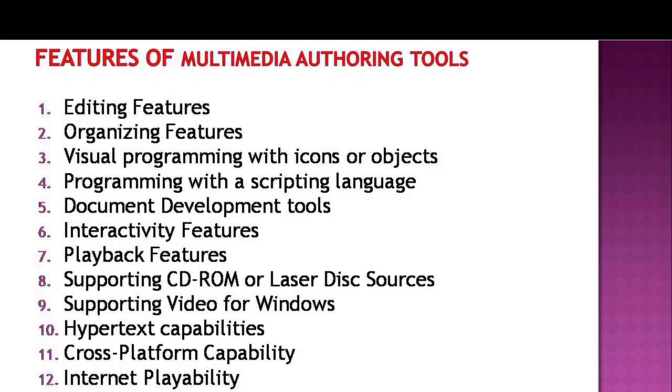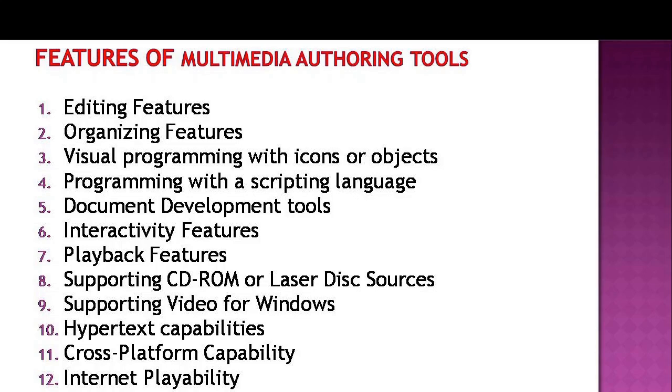Organizing features: the process of organization, design, and production of multimedia involves navigation diagrams or storyboards and flowcharting. Visual programming with icons or objects is the simplest and easiest authoring process. For example, if you want to play a sound, then just click on this icon.